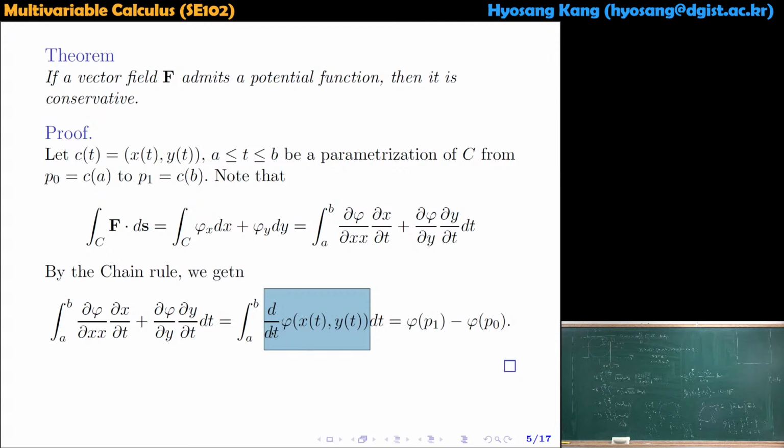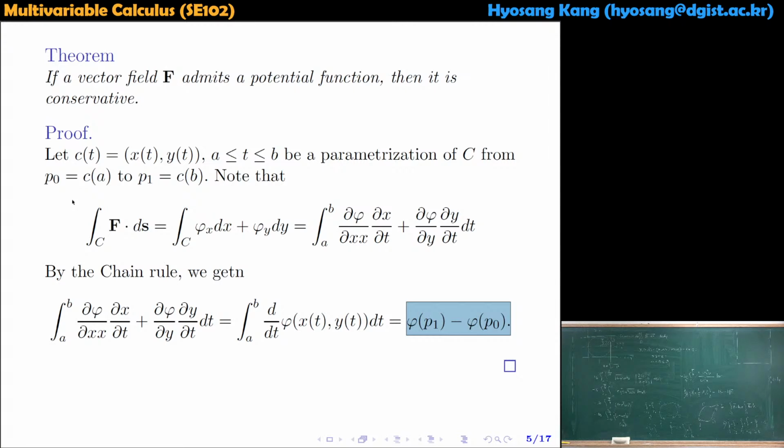So by the fundamental theorem of calculus, this is exactly the same as the difference of the antiderivative of this integrand d dt phi between t equals b and t equals a. When t equals b, we have the point p1, and when t equals a, we have the point p0.